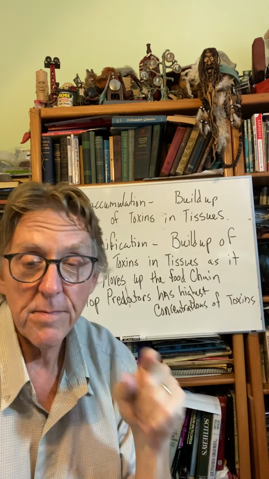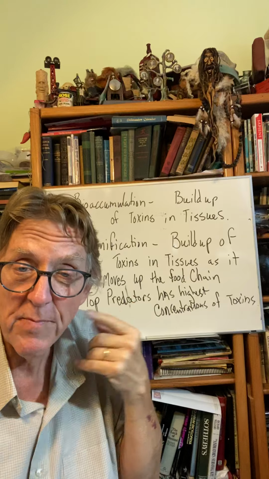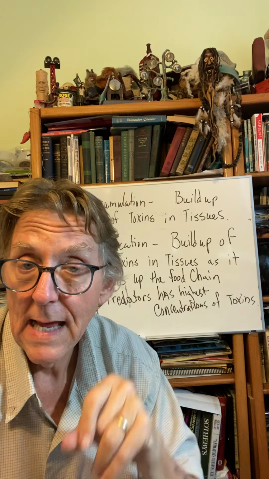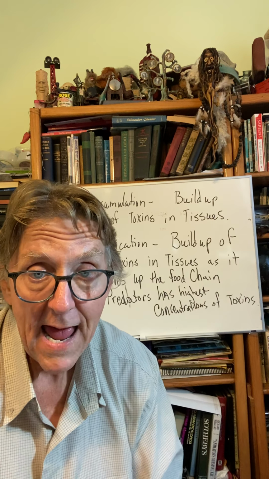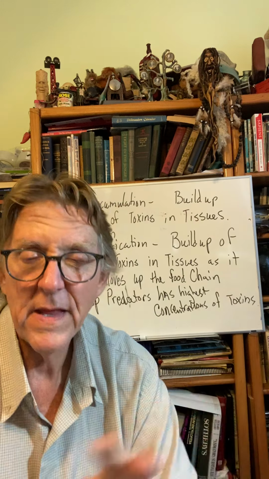If we step back from just this one chapter and think about stuff we've talked about before, we have rising CO2 levels. What's happening there? That means that the CO2 is dissolving in water, and the water is becoming more acid. And what did we say? This acidity is then dissolving potentially more toxins. So everything is tied together.